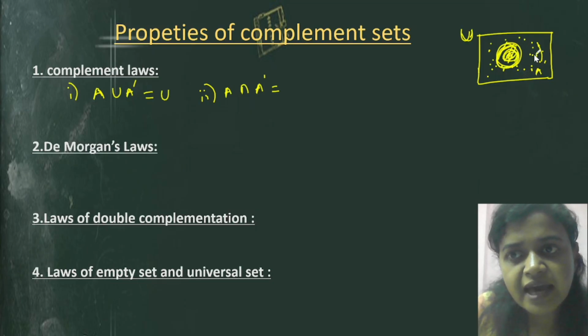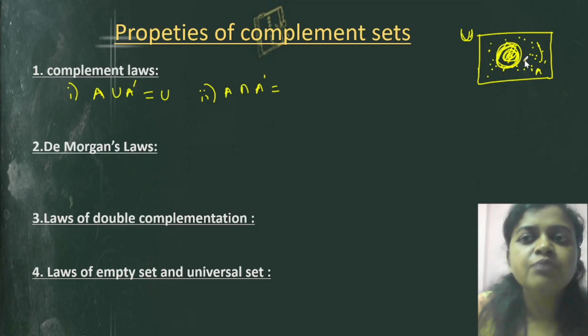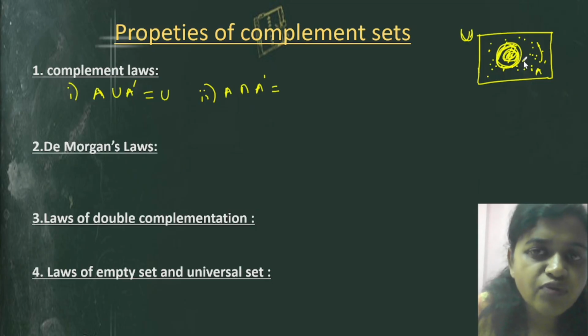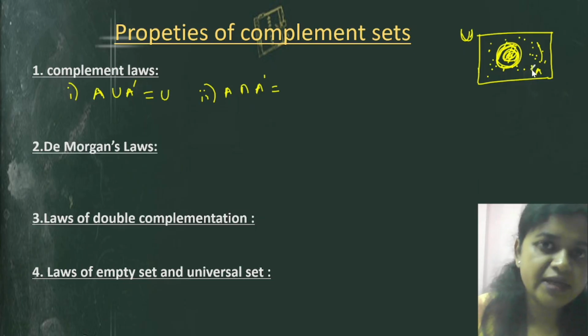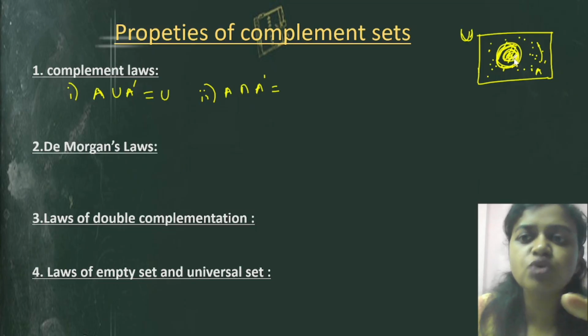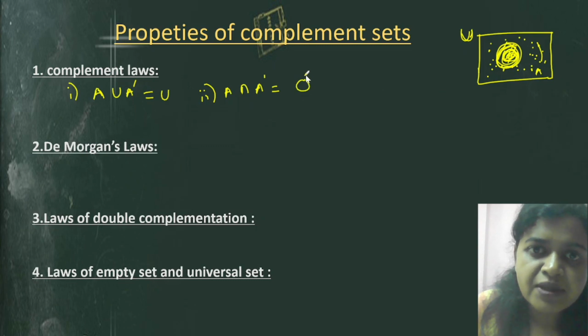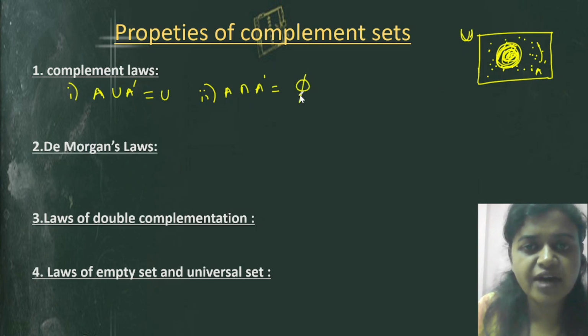These are two different sets, and between two different sets we cannot find any common element. At least one or two elements should be present in both sets, then we can find the common element. But these are different sets, so we will find this is the null set, phi. That is called phi.